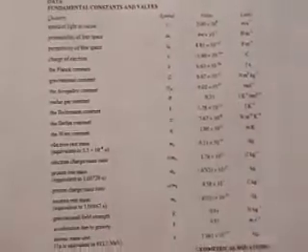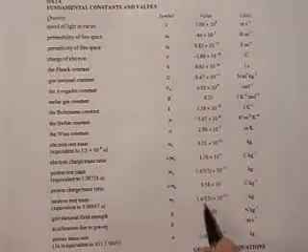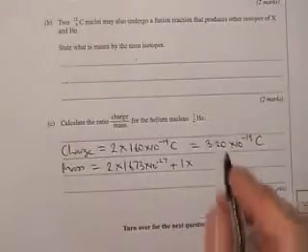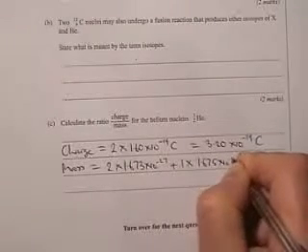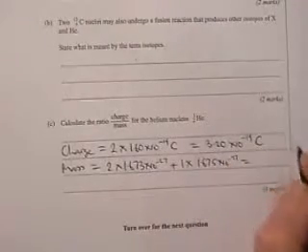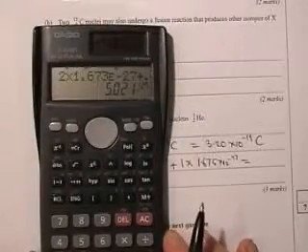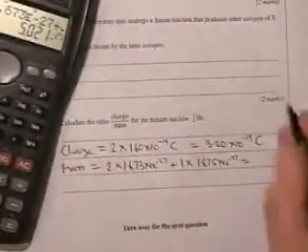The mass of a neutron, 1.675 times 10 to the minus 27 kilograms, so that gives us a total of 5.02 times 10 to the minus 27 kilograms.